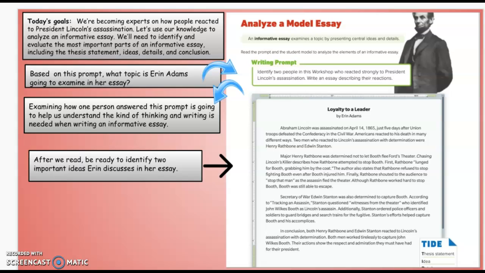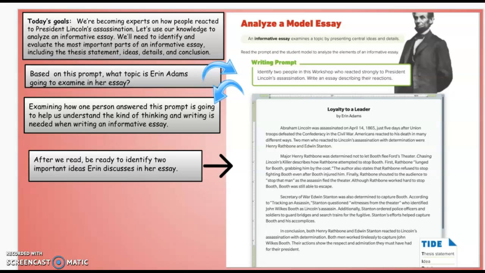So today we're going to become experts on how people reacted to President Lincoln's assassination. We're going to use our knowledge to analyze this information in an informative essay. We'll need to identify and evaluate the most important parts of an informative essay, which includes a thesis statement, ideas, details, and a conclusion.